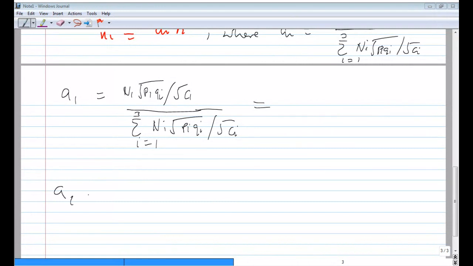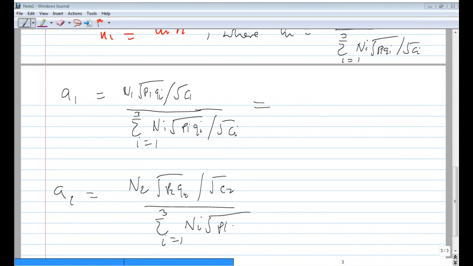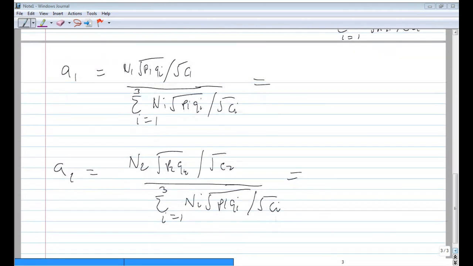For A2, again, you are going to have N2 square root of P2 Q2 divided by the square root of C2. Then you divide by summation i is ranging from 1 up to 3 of Ni square root of Pi Qi divided by the square root of Ci. Then you get the answer.